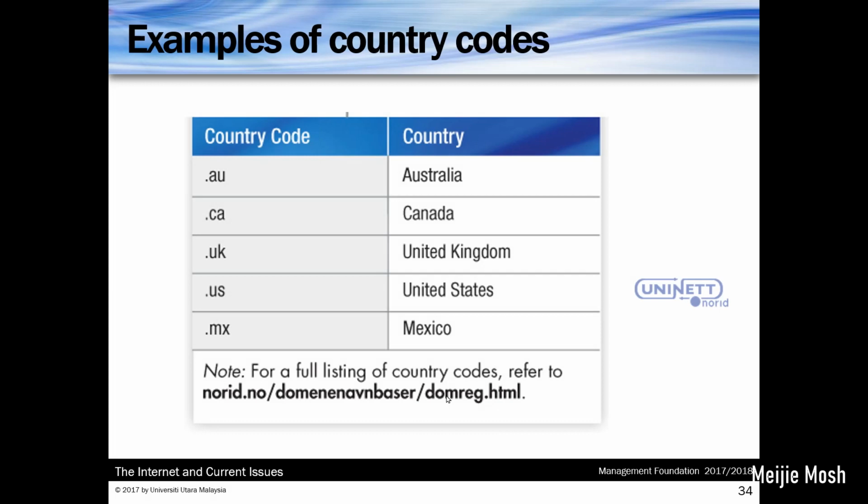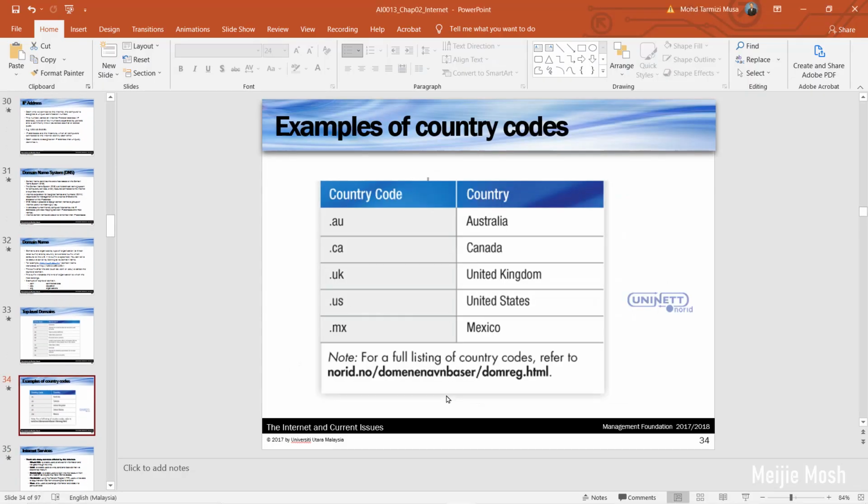And here are examples of the country code. For example, .au for Australia, .ca for Canada, .uk for United Kingdom, .us for United States. Usually we don't put .us at the end. .mx for Mexico.